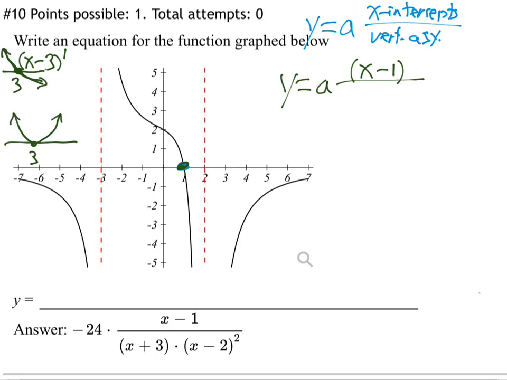if it bounces, so if it passes through, it's a first power. If it bounces, remember that would be a second power. That would be x minus 3 to the second, like that.